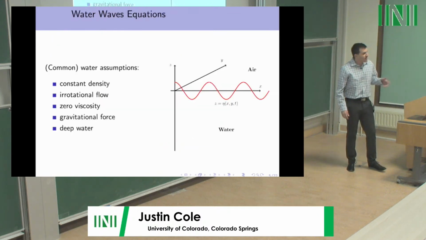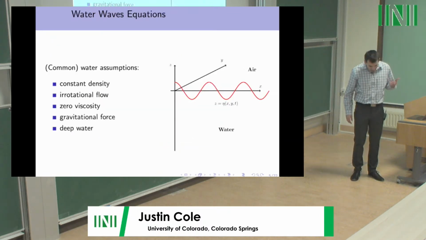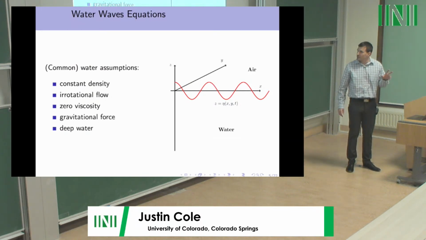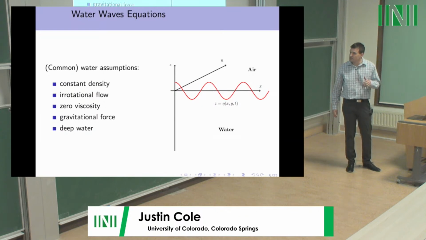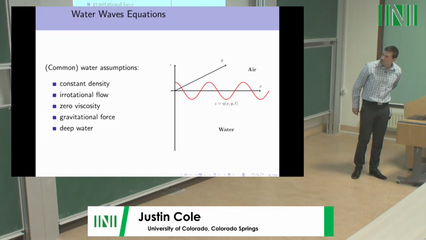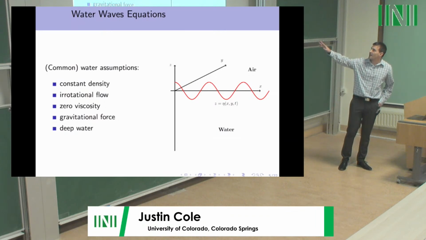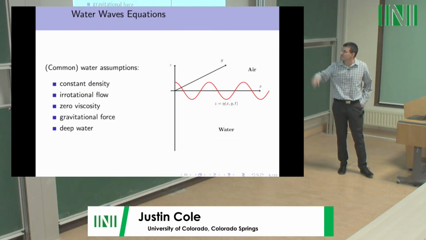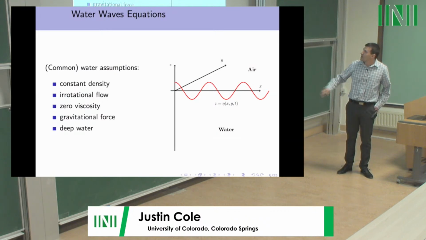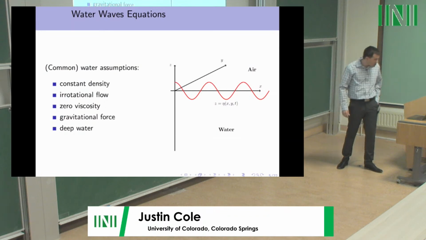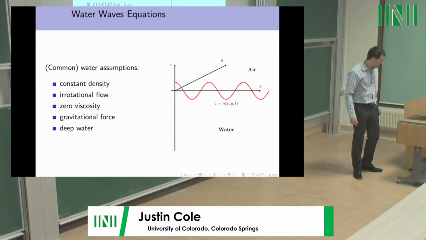So I'd like to spend a little bit of time now, having motivated the rogue waves a bit, talking about the derivation of our governing equations and where they come from. So I'm going to consider a system like this in a 3-dimensional space, x, y, the transverse dimensions, z, the vertical direction. I consider an interface wave between water and air, which in general depends on x, y, and t.